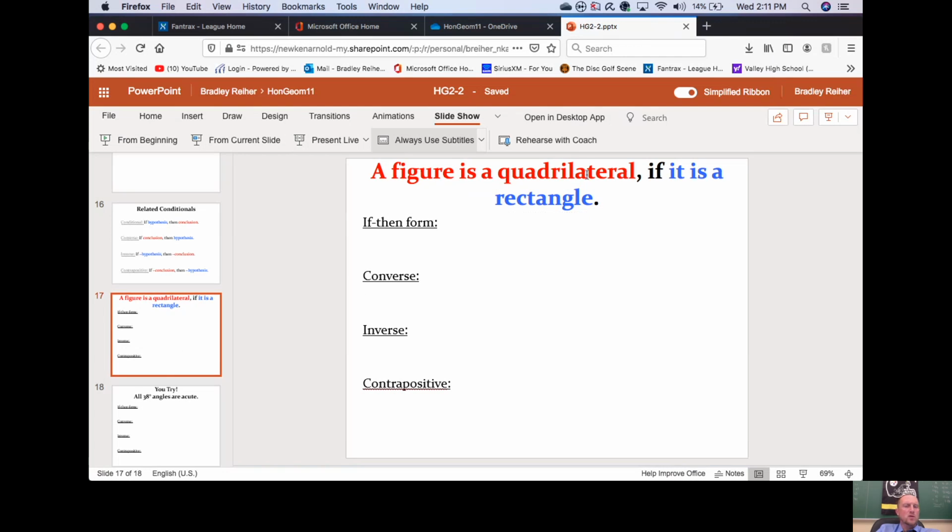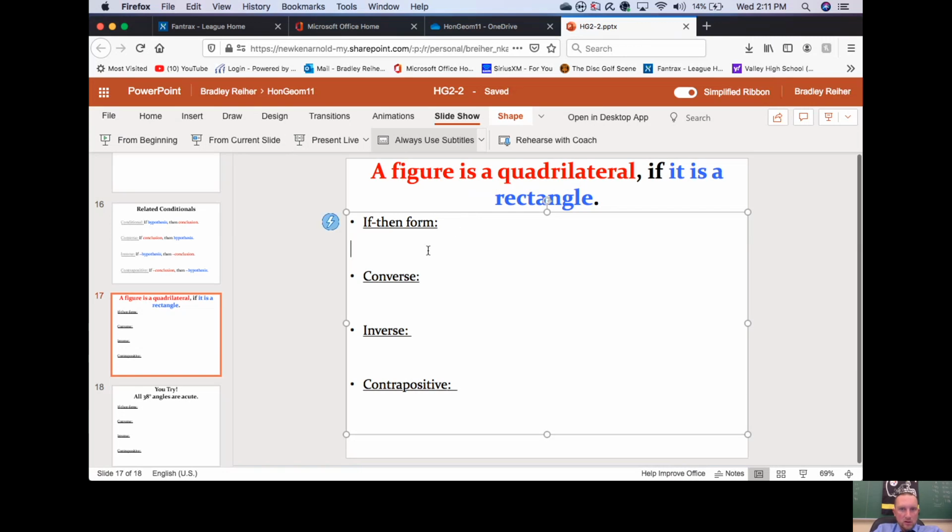A figure is a quadrilateral if it is a rectangle. That's a true statement. What we're going to do is rewrite this in if-then form.